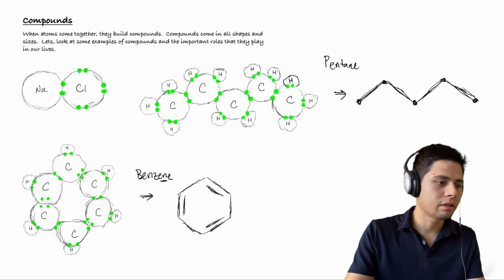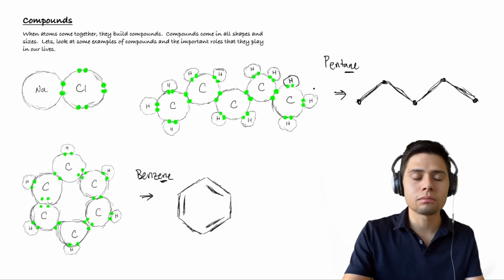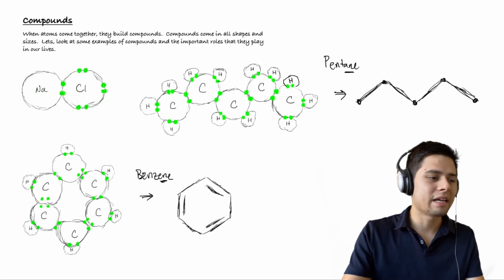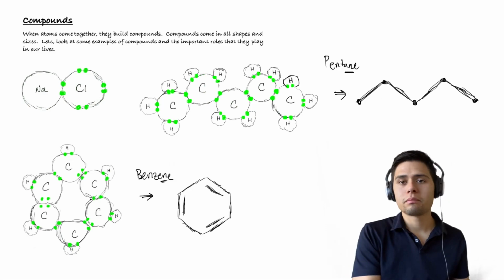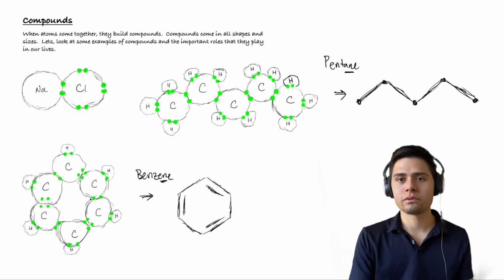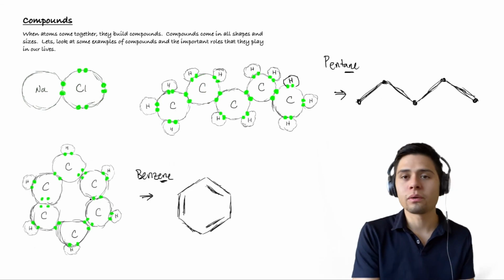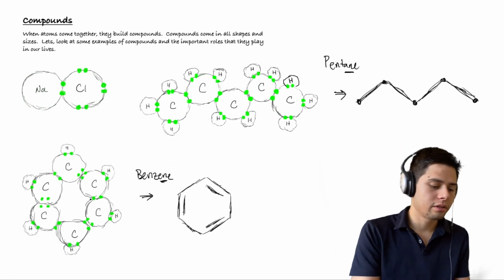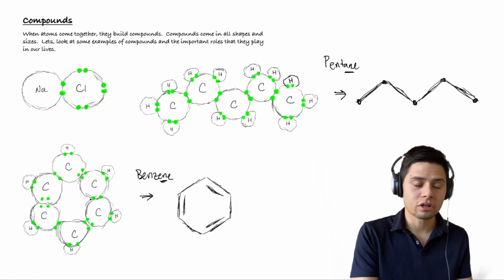Ene implies double bonds. Ane implies just single bonds. This benz is a prefix for this structure here, basically. And we can get more complex into compounds. What we'll run into in biochemistry frequently are amino acids. Amino acids are the basic constituents of proteins. Those are compounds.